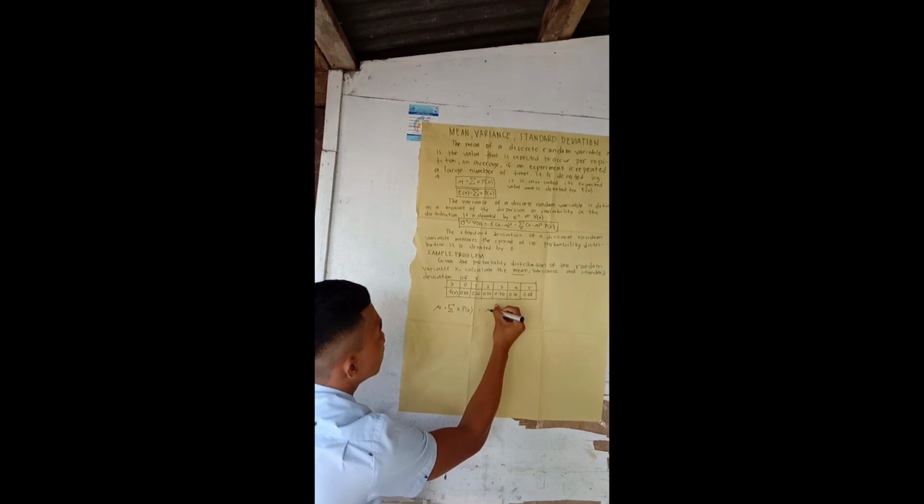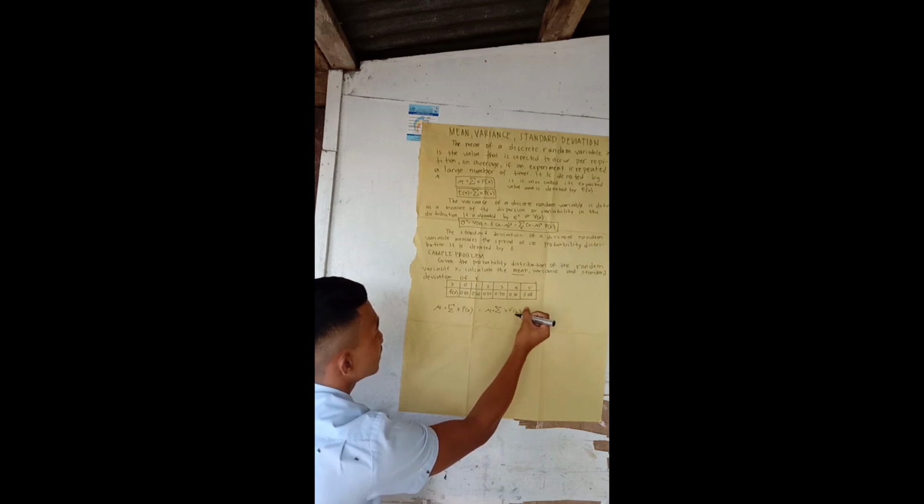So it is also equal to summation of x multiplied by f of x.